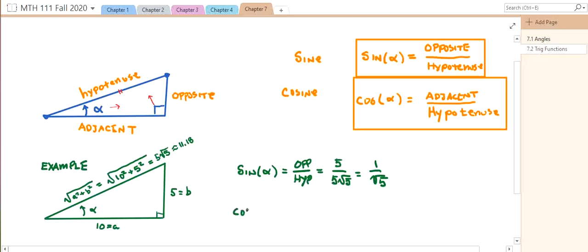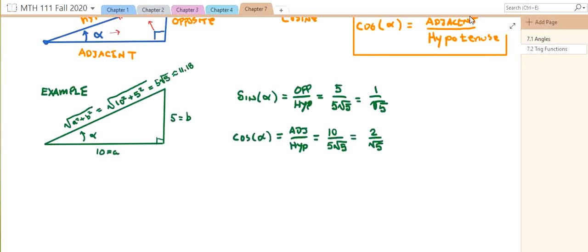Cosine of alpha then is adjacent over our hypotenuse, which is 10 over 5 square root of 5, which is 2 over square root of 5.